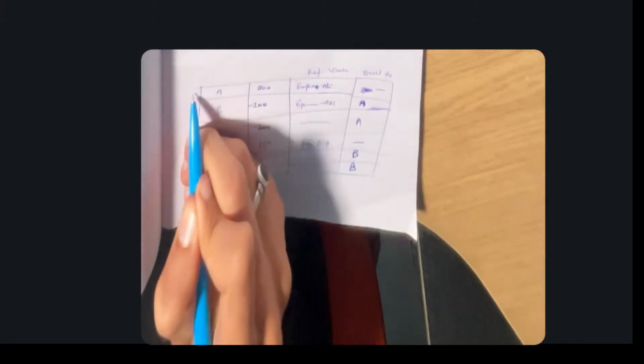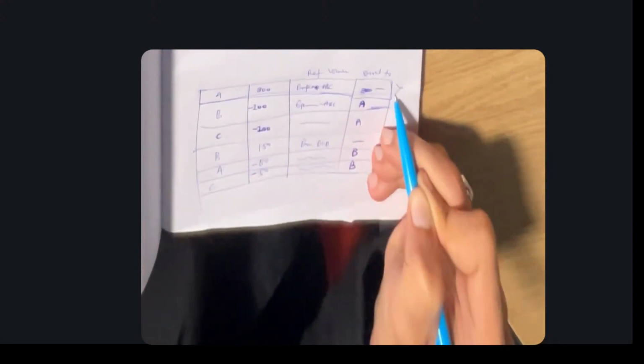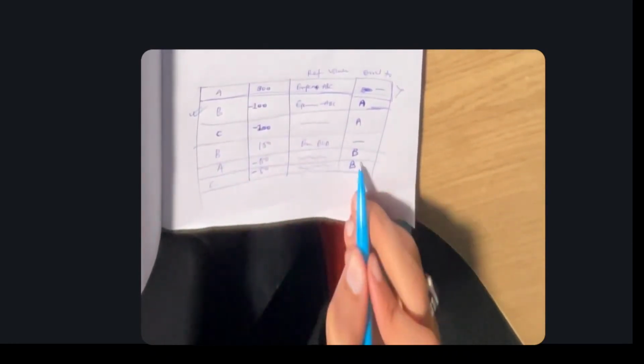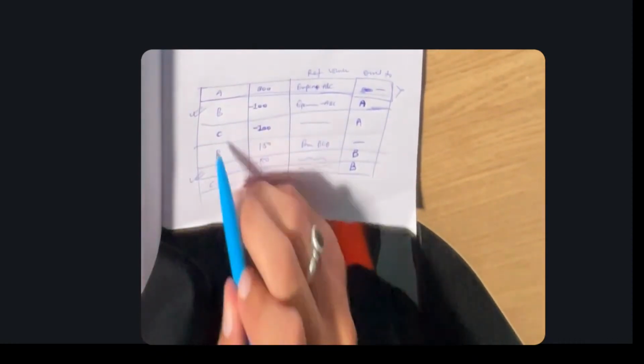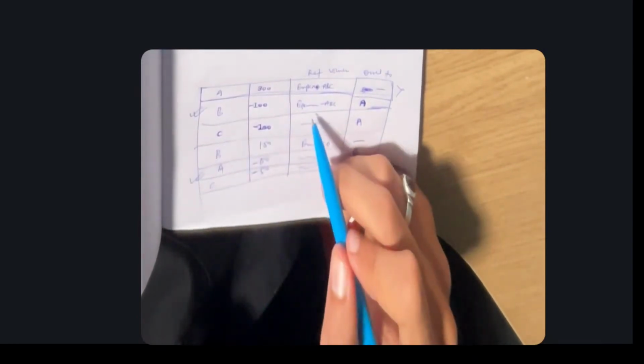So this is one, like B and A both, right? So not this one, right? This one involves B and A, and this one involves B and A, right? These are the two transactions.